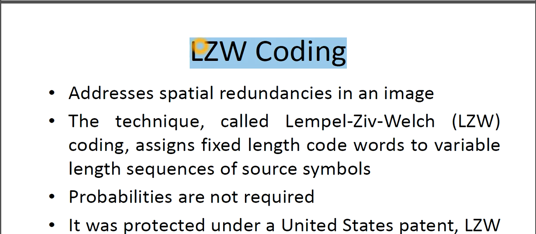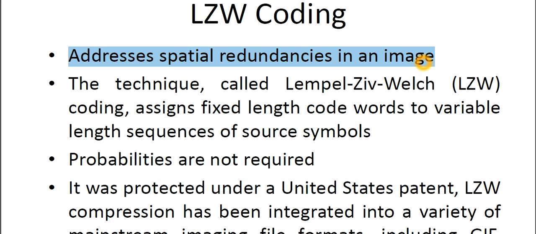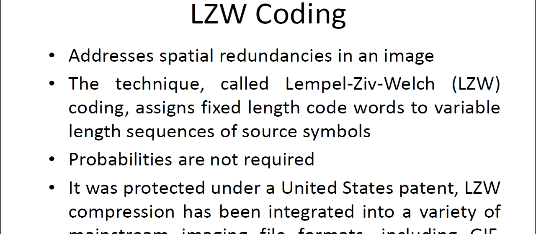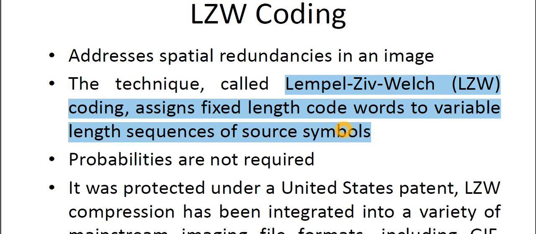After Huffman coding, I am more focused on LZW coding. This coding technique addresses spatial redundancies in an image. It is called Lempel-Ziv-Welch coding, and it assigns fixed-length code words to variable-length sequences of source symbols.